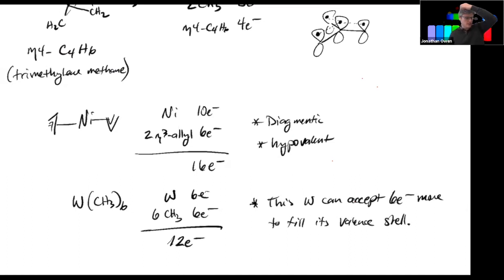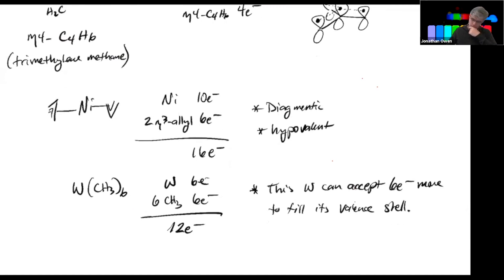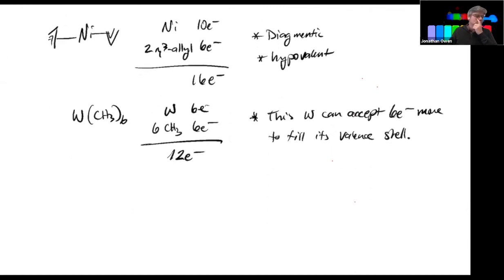So this guy's got space. Let's take 6 more. Amazing. So tungsten uses all 6 of its electrons to make bonds with those methyl groups. And you got your eg here, and you got your t2g. These guys are sigma star, and this one is non-bonding. All 6 of the d electrons on tungsten have been used to make those bonds, so there's no d electrons left.